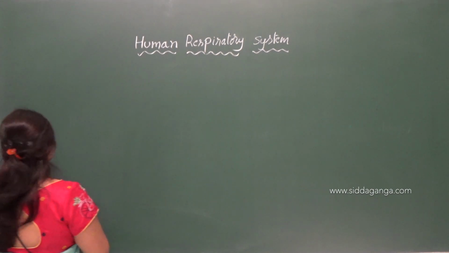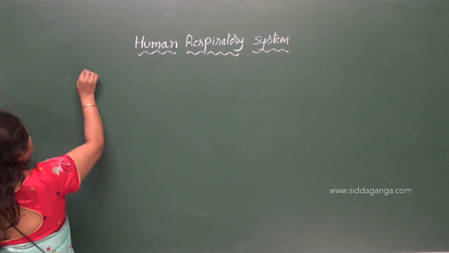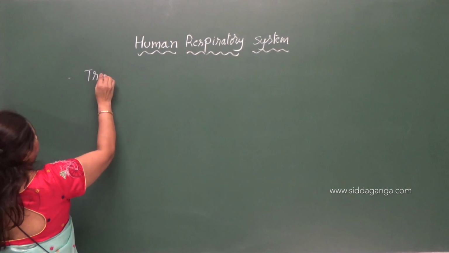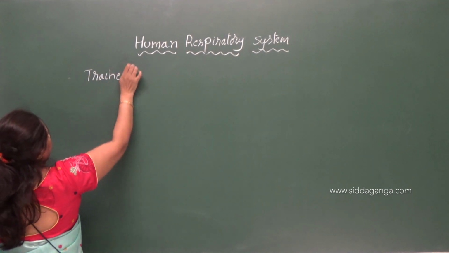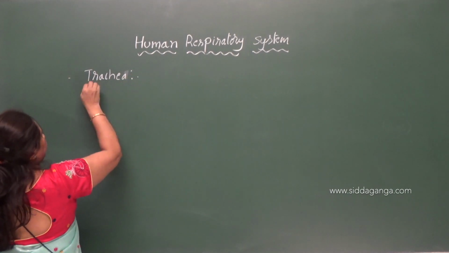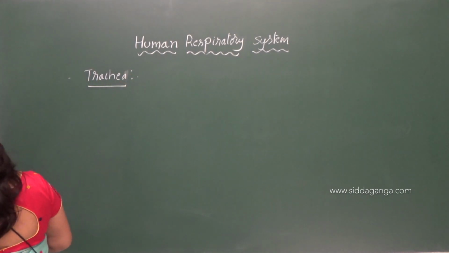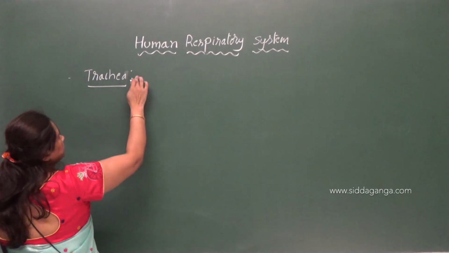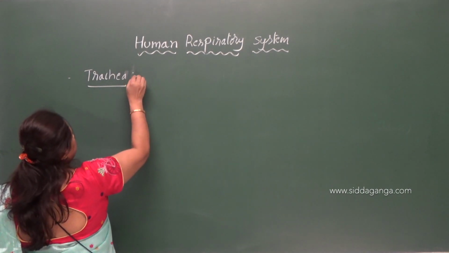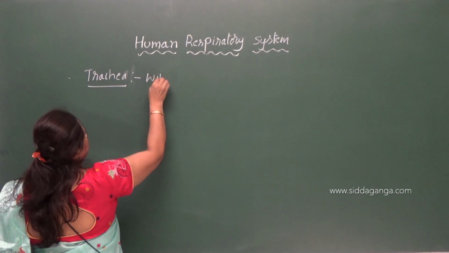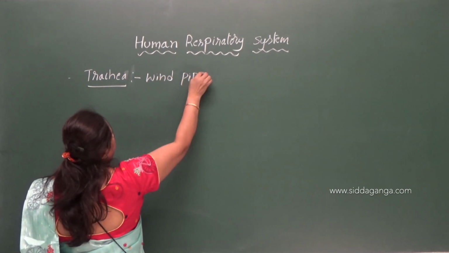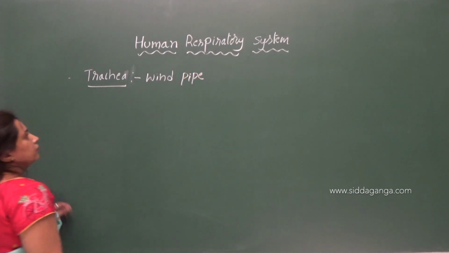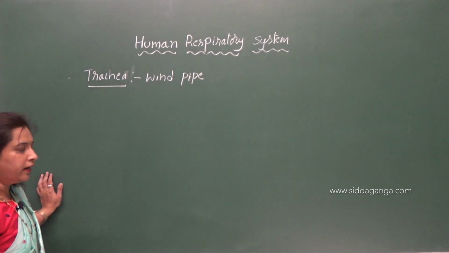So let us start trachea. So I said trachea is also called as what? Windpipe. It's also called as windpipe.